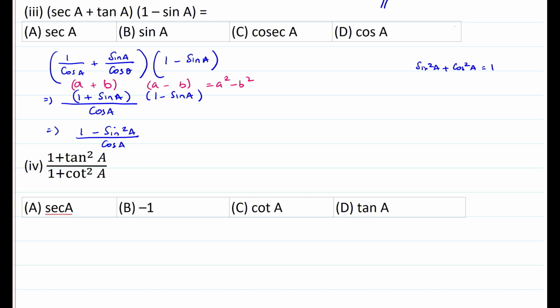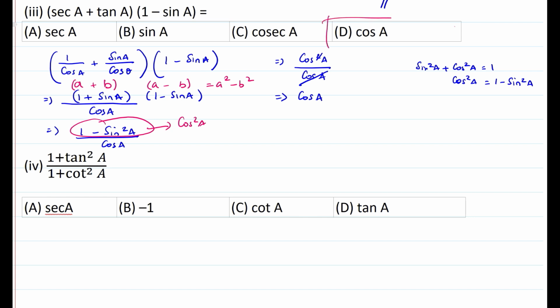Therefore, cos square A is equivalent to 1 minus sin square A. So the next step can be written with 1 minus sin square A as cos square A. Therefore this becomes cos square A divided by cos A. One cos A gets cancelled with the square, and what remains is cos A. The only option which has cos A as the answer is option D. So option D is the correct answer.